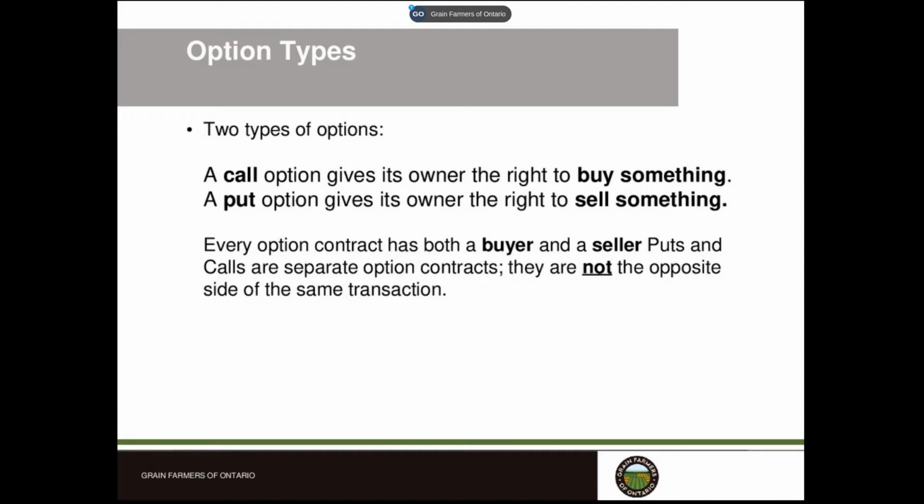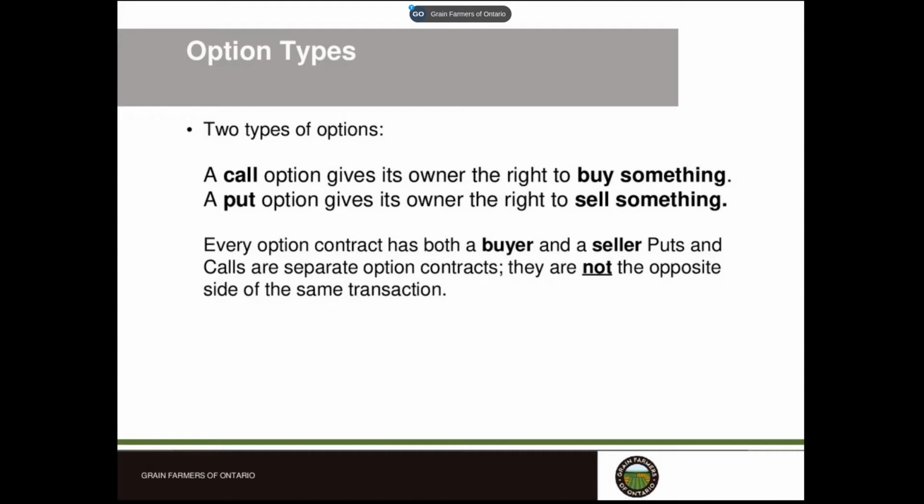By buying this put option, it gives you the right to sell that corn at the price you want. So if corn is at $7 a bushel and you really like it and your corn's in the ground, and you can't really sell it unless you forward contract it, it gives you the right to sell it there. And it takes some of the risk out of the market, so that if corn were to go back to $4, you've sold it for $7.